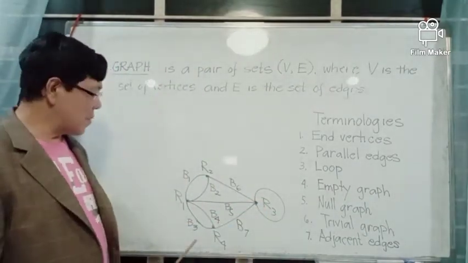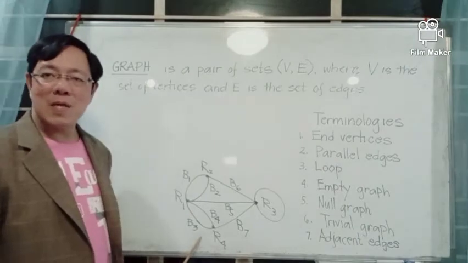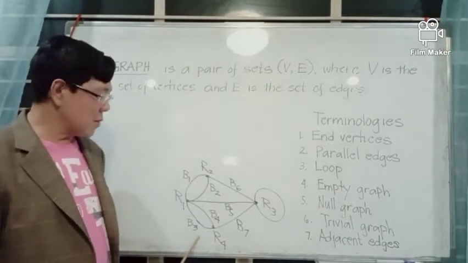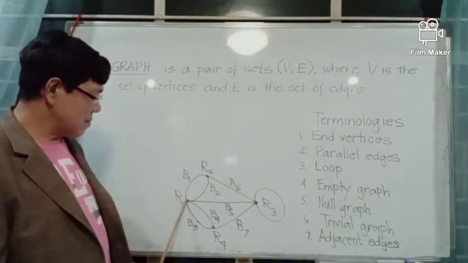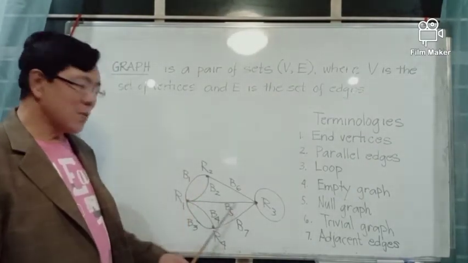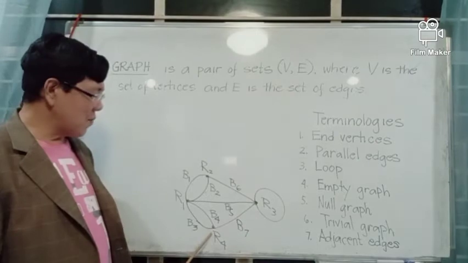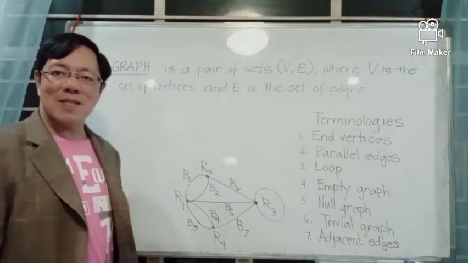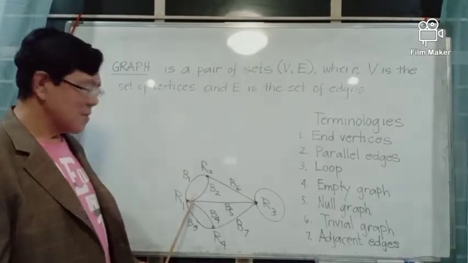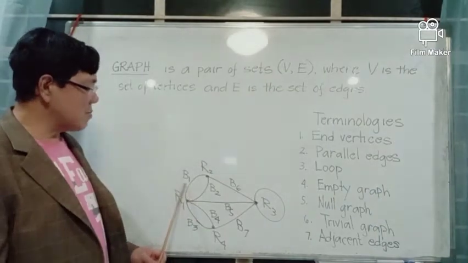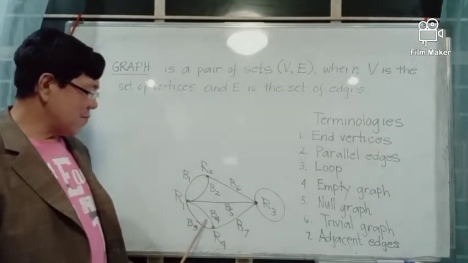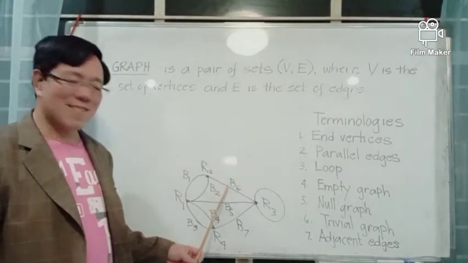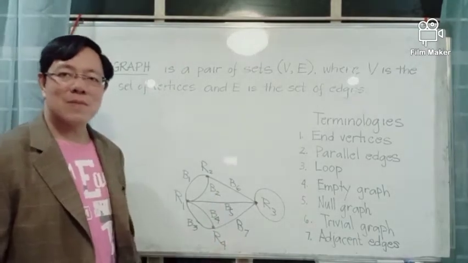Hence, you can see from this diagram that a graph consists of vertices R1, R2, R3, and R4. And a graph consists of edges. In this graph, we have edges B1, B2, B3, B4, B5, B6, and B7.